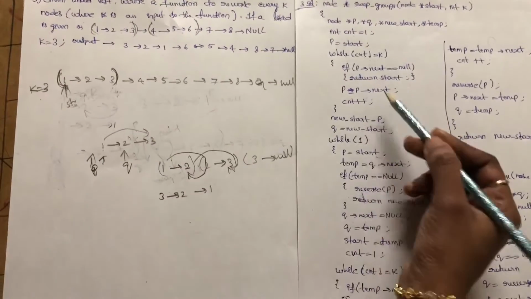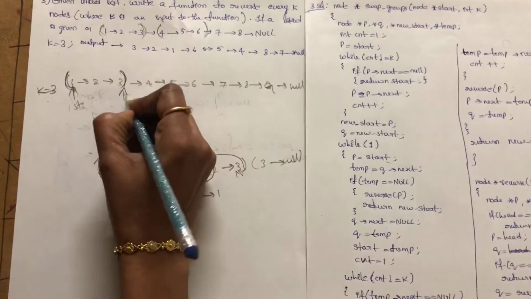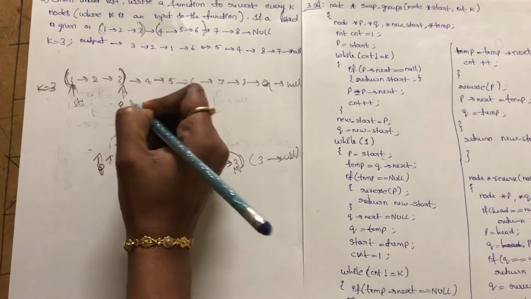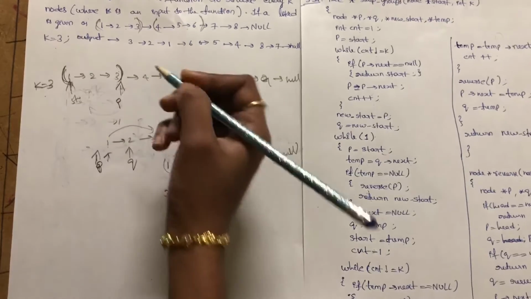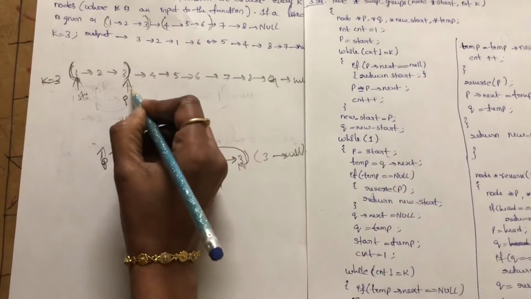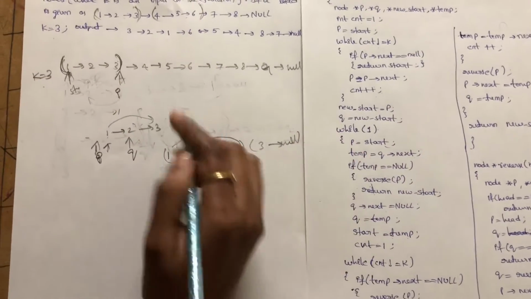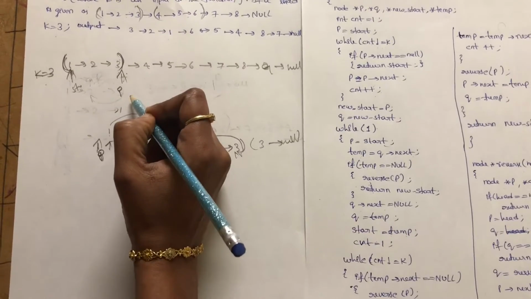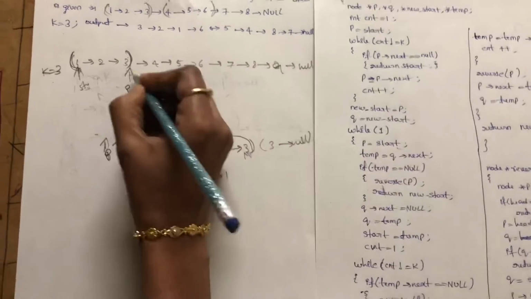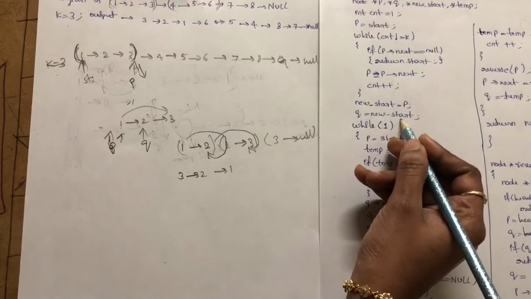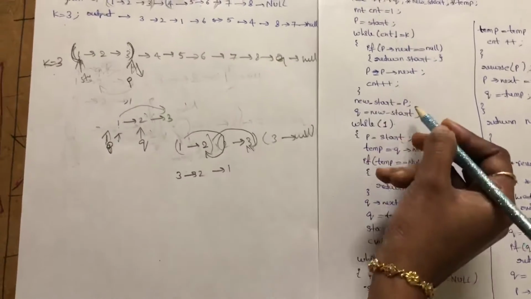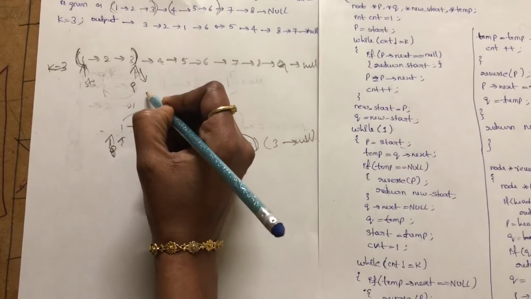Then it will come after 2. By that time P will become P's next every time. Now P is here and it is the new start. Then Q is also here. Q is also the new start. New start becomes P and Q is also the new start.